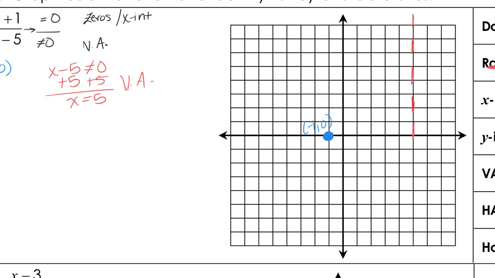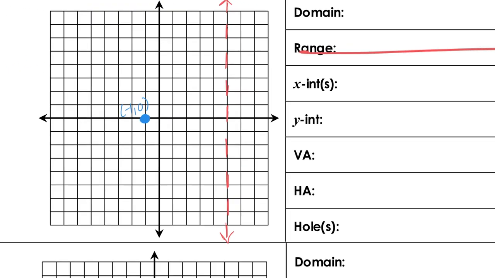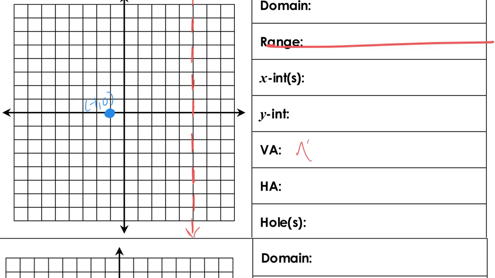Most textbooks or examples will have a dashed line here. Here is my vertical asymptote, meaning my graph is going to get really close, but it's never actually going to touch it. So I have a vertical asymptote at x is 5, and I have an x-intercept at -1, 0.